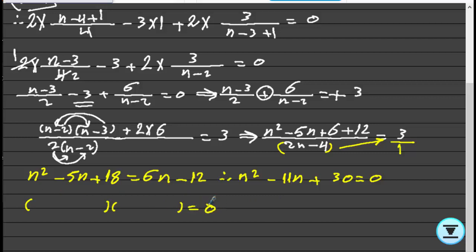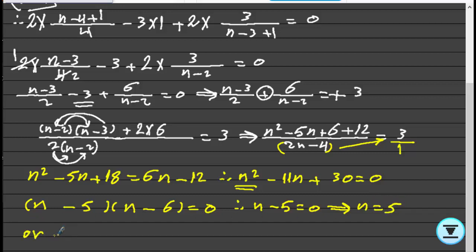Equals 0. N square equals n multiply n. 30, it is negative 5 multiply negative 6. So n minus 5 equals 0 implies n equals 5, or n minus 6 equals 0.